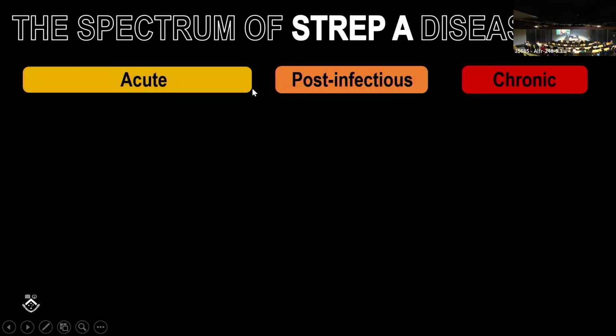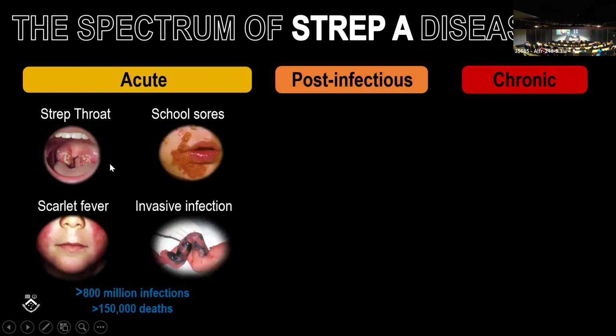So Group A Streptococcus, Strep pyogenes, or what I'm going to refer to today as Strep A, has a really broad spectrum of diseases ranging from acute through to chronic. Typically, it manifests as strep throat or tonsillitis, but can also cause skin infections called school sores or impetigo.